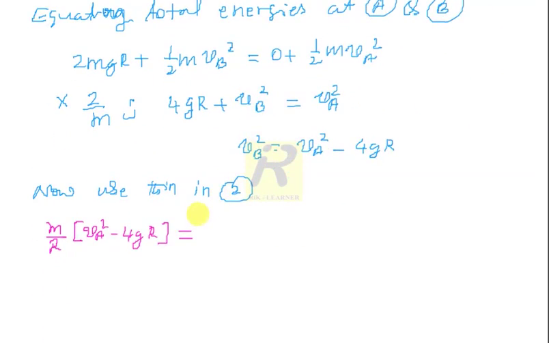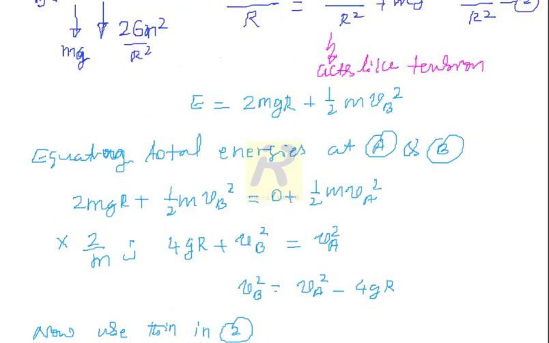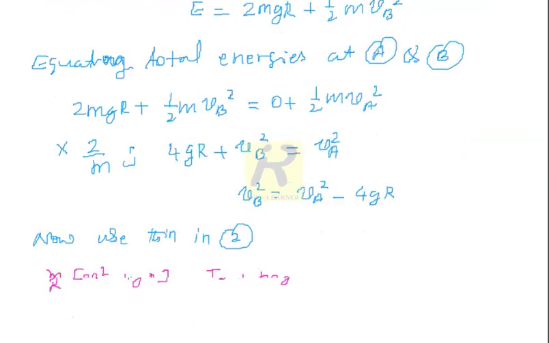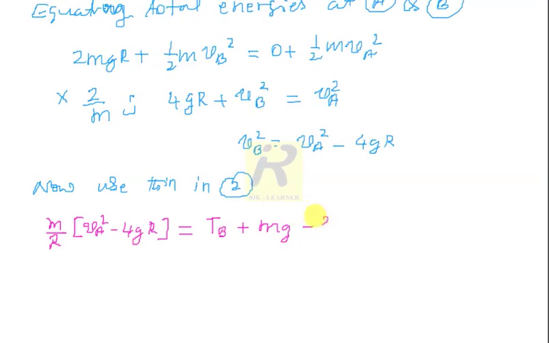which is simply tension at B plus mg, right? This is tension at B, plus mg, minus 2kq square divided by r square, right?